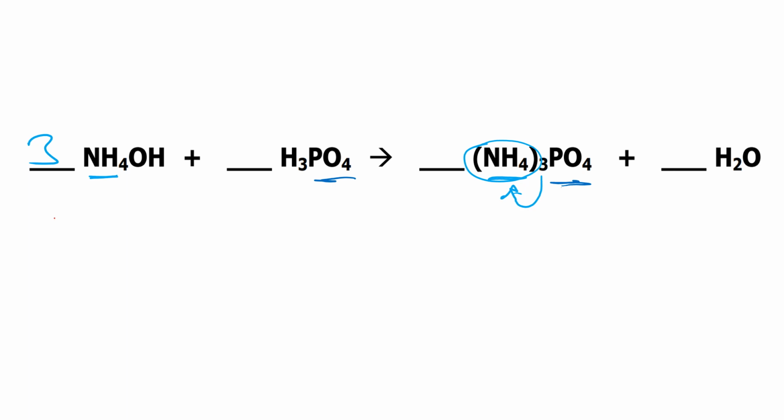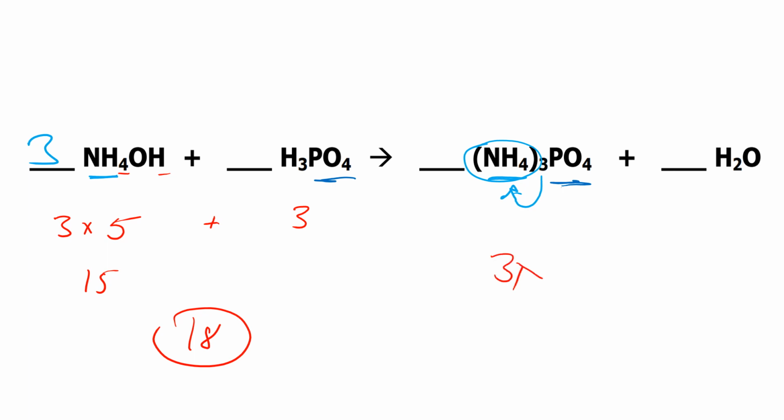I have 3 times 5, a total of 15, because 4 plus 1 is 5. Then I have 3 here, so a total of 18 H's. On this side, I have 3 times 4, so it's 12, plus 2 from here. I have to see what I can do to this number in the front to make them equal. If I put a 3 in the front, this becomes 6, and now this is 18.